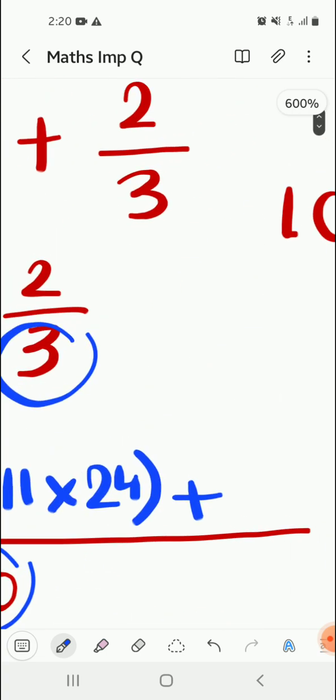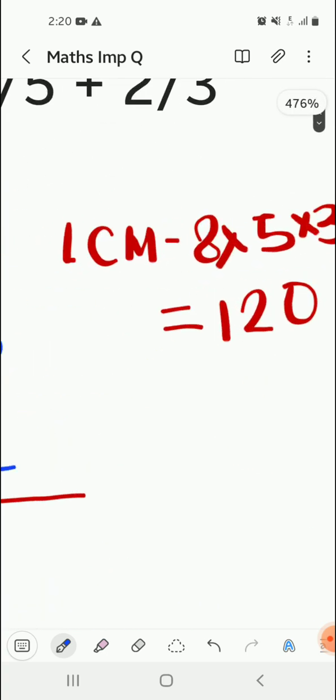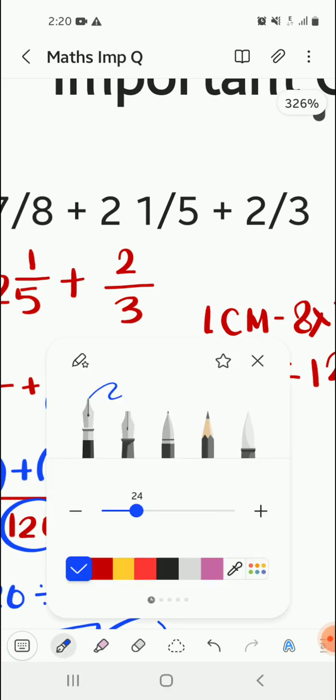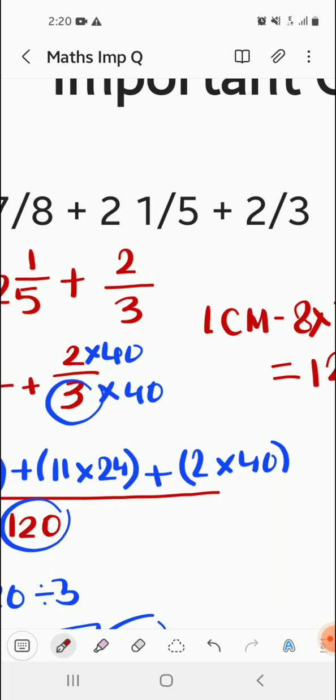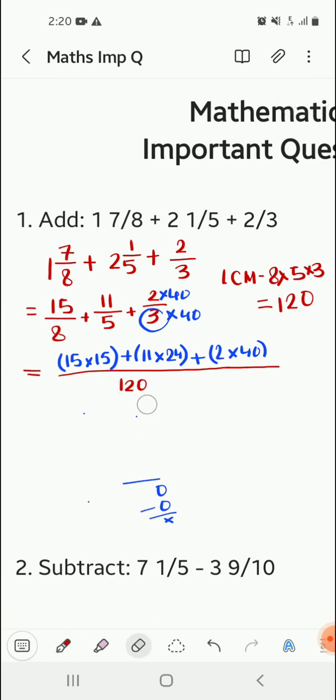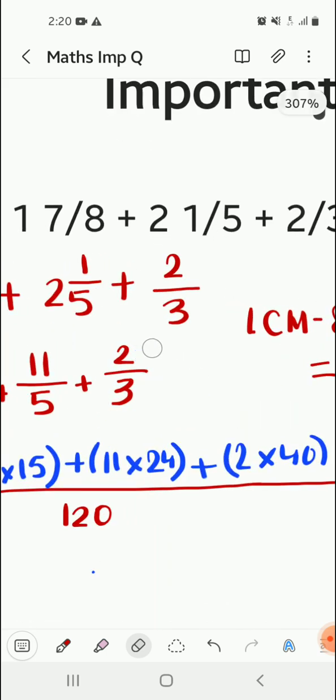So you see, 3 into 40 is 120. So multiply the same with the numerator, that is 2 into 40. So we are going to write it over here, 2 into 40. Okay. Now once it's done till here, these were the rough sums, so I'm erasing it.